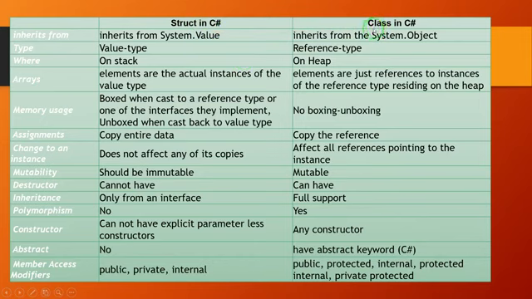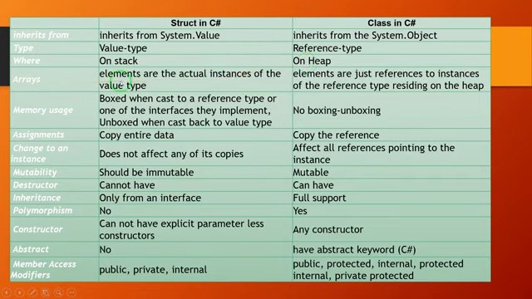A struct inherits from System.ValueType and a class inherits from System.Object. A struct is a value type and a class is a reference type. Struct data is stored in the stack, and class data is stored on the heap.